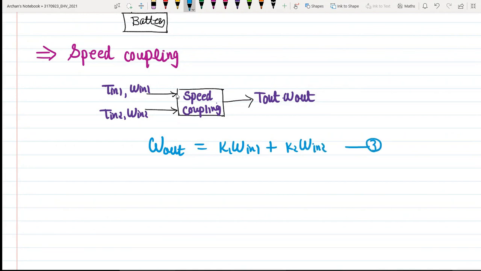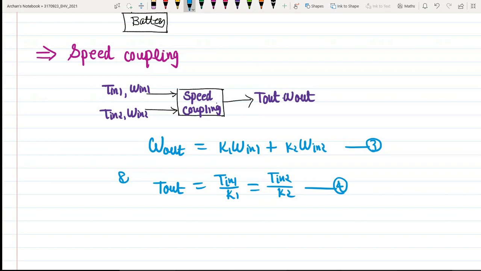Let us call it equation number 3, and torque out would be T in 1 by K1, which is equal to T in 2 by K2, right? Again here, K1 and K2 are constants associated with the actual design.